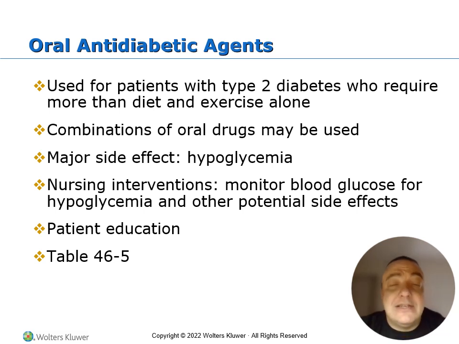So for instance, let's say you're taking one that makes your body better use the insulin that it does produce, and then you're taking another one that has your liver secreting less glucose into the blood. Now you can become hypoglycemic, because your intake didn't match what you were doing. So hypoglycemia is the thing.